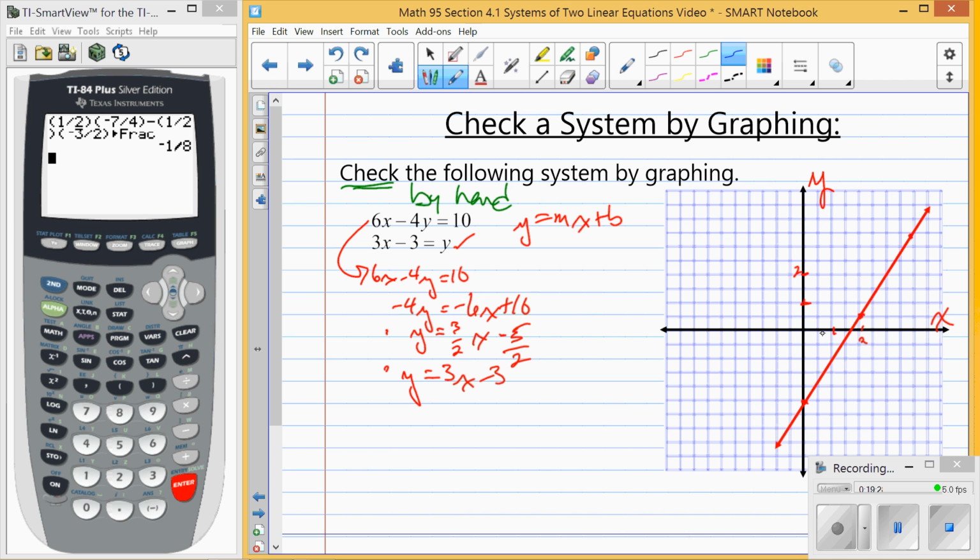The other equation starts at negative 3, 1, 2, 3. And I'm going to go up 3 over 1, up 3 over 1, up 3 over 1, etc.